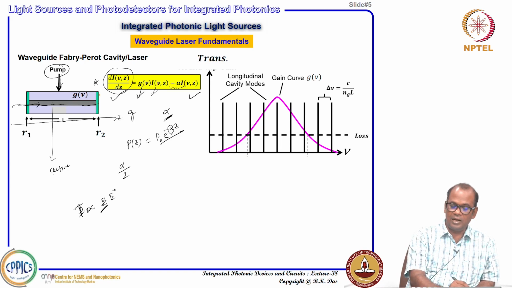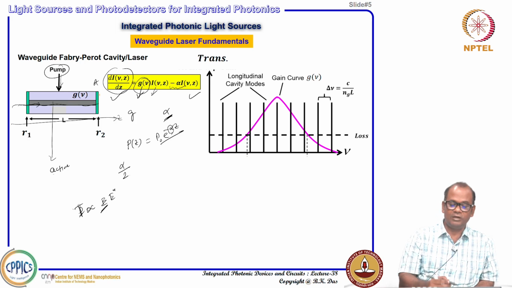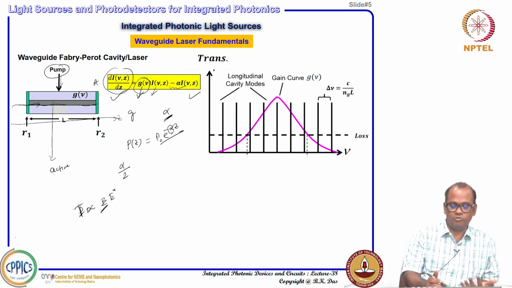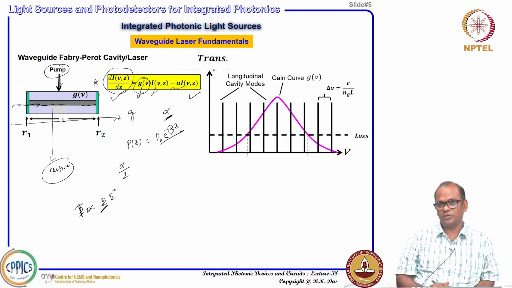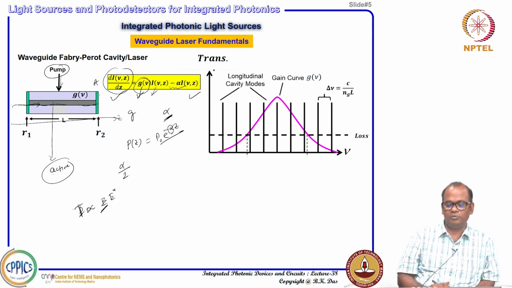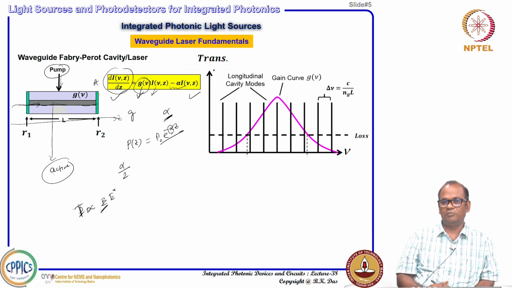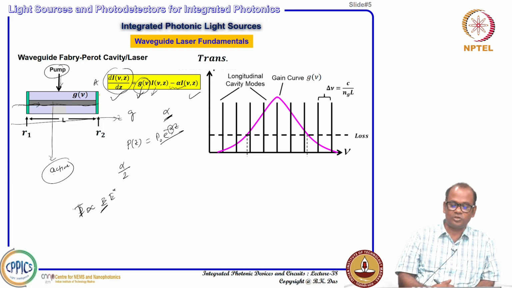Okay. And this gain curve, as I mentioned, depends on the pump and on the material you are using, that is, how you define this active waveguide and what type of material. All these things actually involve, mostly in physics, the energy band diagram of the material used for the waveguide under consideration, and also how the population inversion is created.